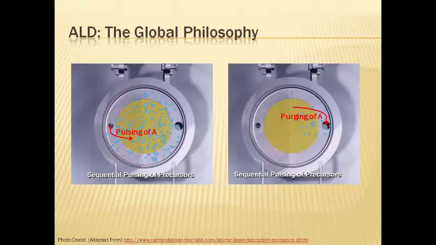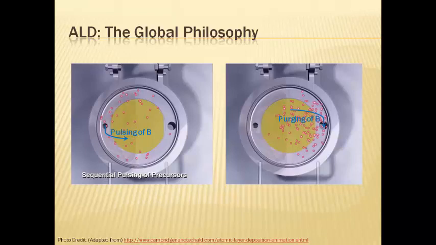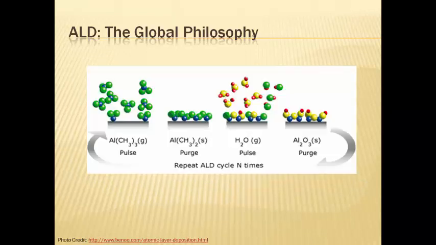As we shall understand better in a future slide, the precursor becomes excess when the first layer becomes saturated, leading to self-limited single atomic layer growth. This is followed by pulsing precursor B and again pumping it out in a similar fashion. Thus, the entire ALD process can be summarized in this diagram. Repeated sequential pulsing and purging of different precursors lead to formation of the thin film with a precisely controlled thickness of the material to be deposited.